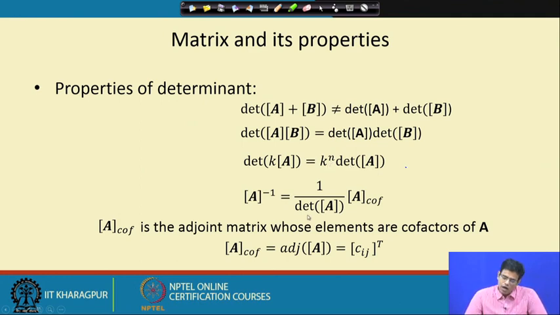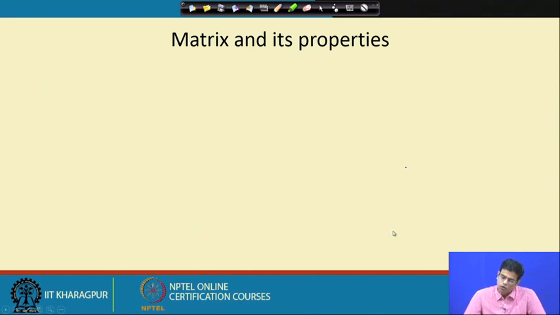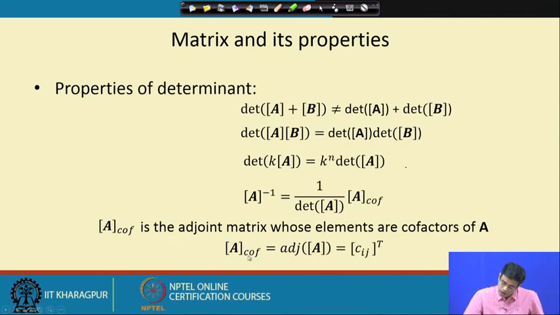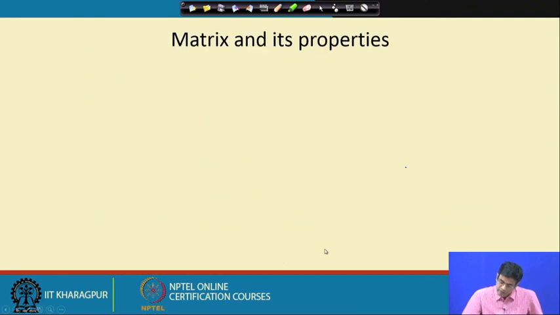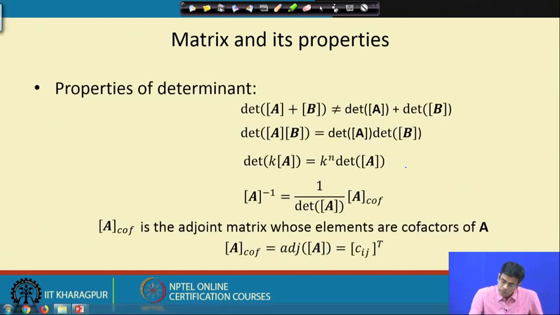Another property is the cofactor property of the determinant, for the calculation of the inverse. The inverse is essentially 1 by det of A times A cofactor. This A cofactor is the adjoint matrix, whose elements are cofactors of A. So, A cofactor is generally known as the adjoint of A, with Cij the cofactors and then its transpose.